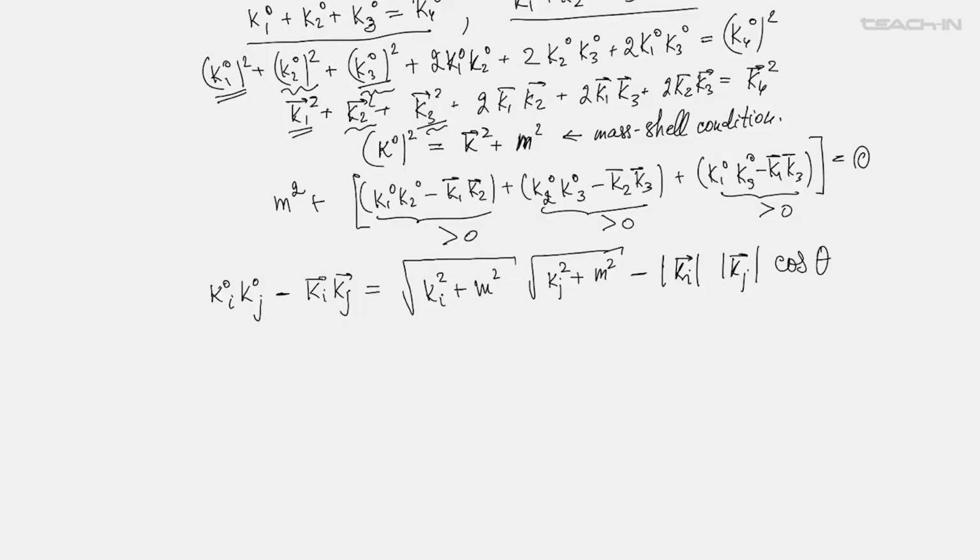Cosine theta ij. And then what I can do is take the modulus of Ki and Kj out of these expressions.